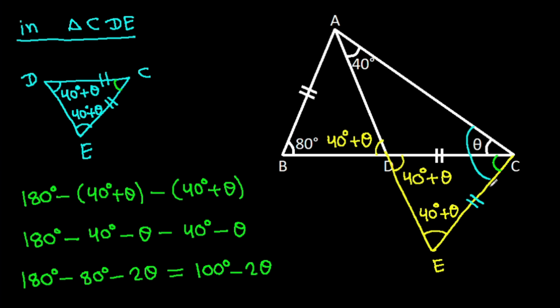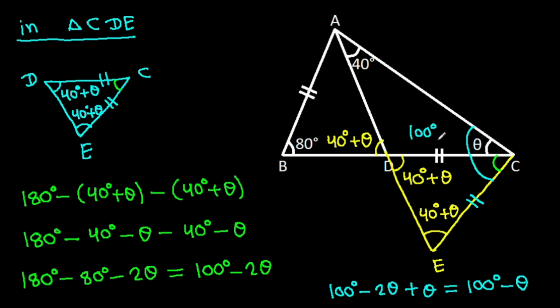So this angle will be 100 degrees minus 2 theta plus theta. That will be 100 degrees minus theta.